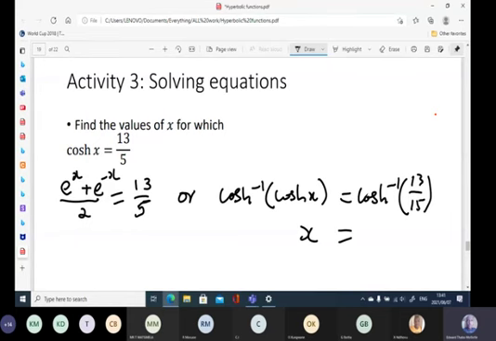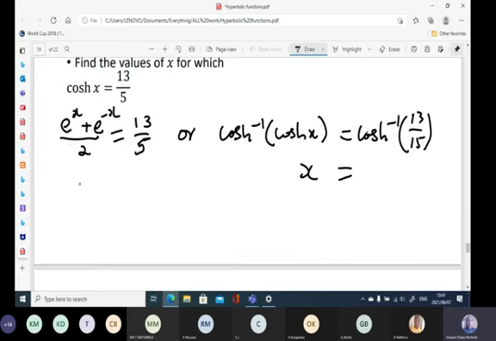So 13 over 15. Just trying it again. I don't know why it's giving me an error. Let's focus on what I know. Let's focus on this side first, and then see if it's giving us the same thing. Okay. So here, how do we simplify this one?